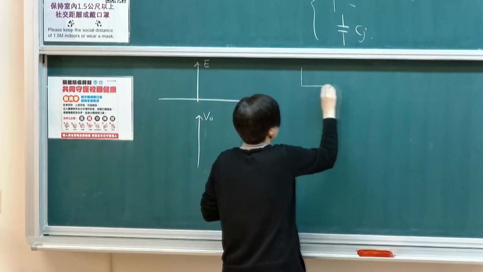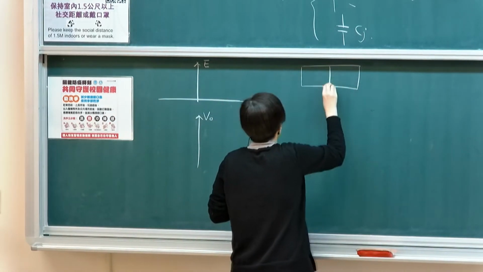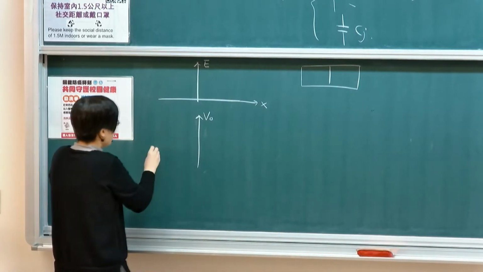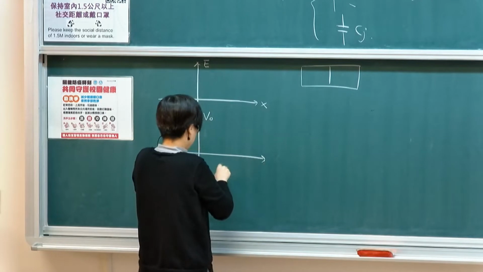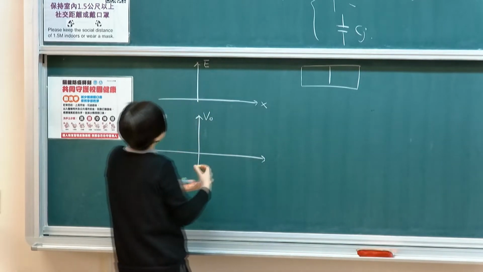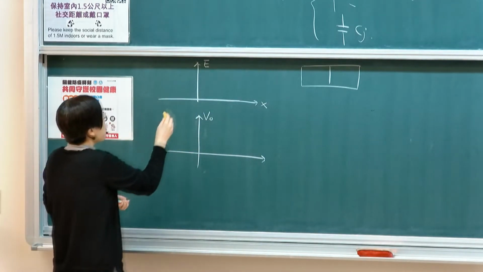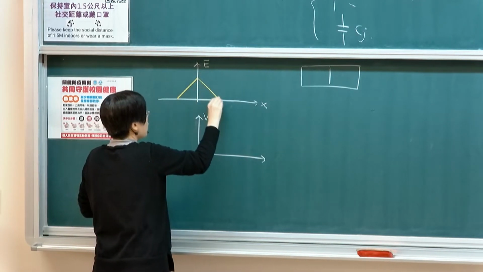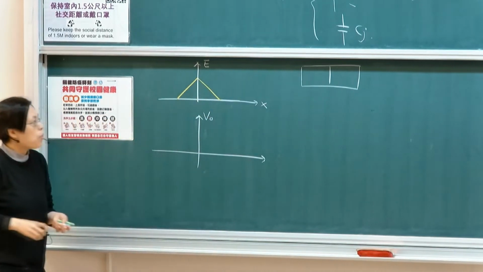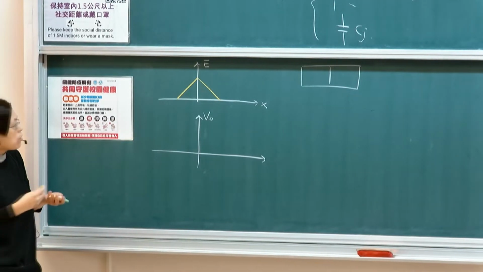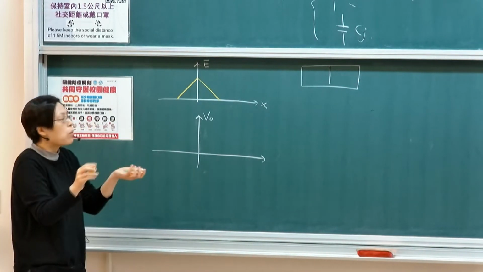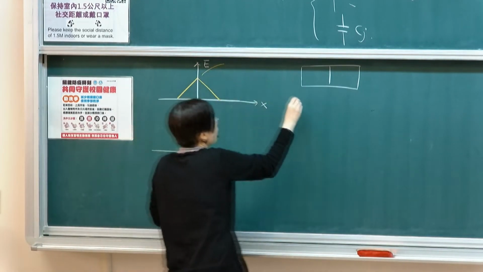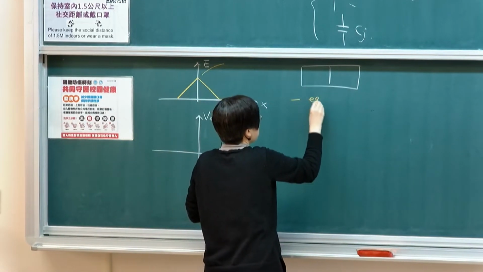If we have a PN junction, we already know that for yellow, it's the standard. We already constructed that for the equilibrium state. So yellow is equilibrium.